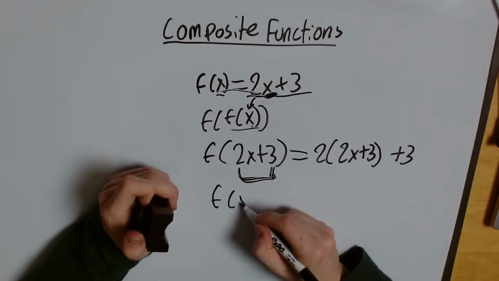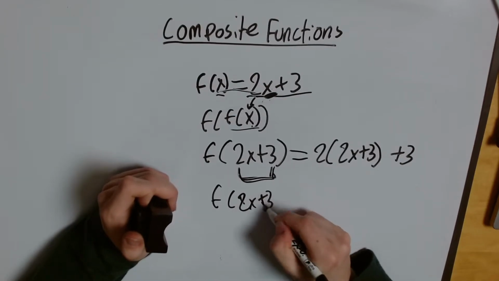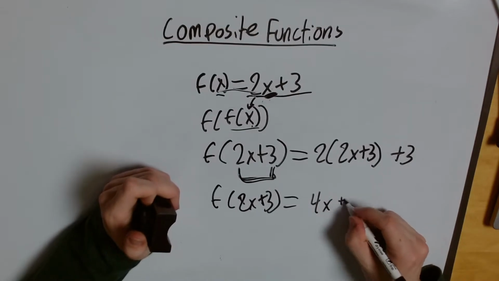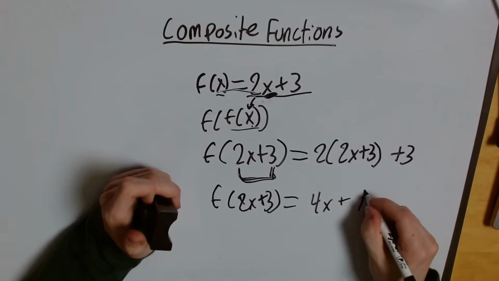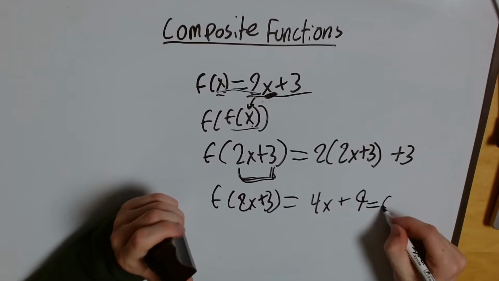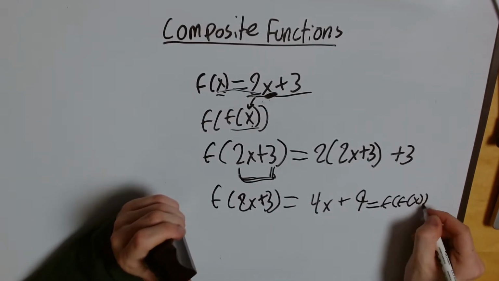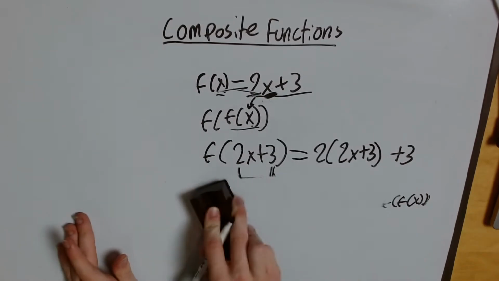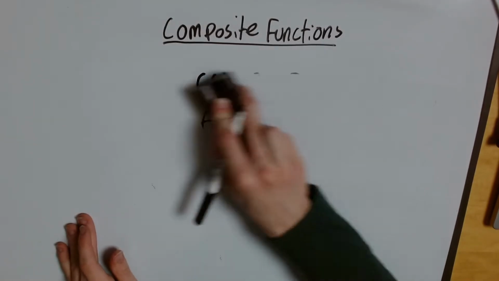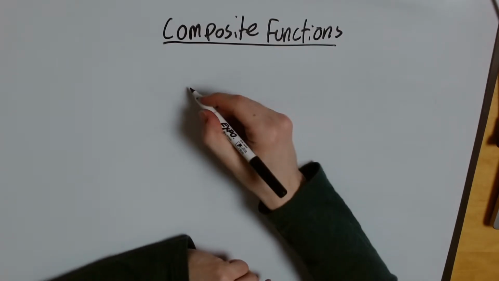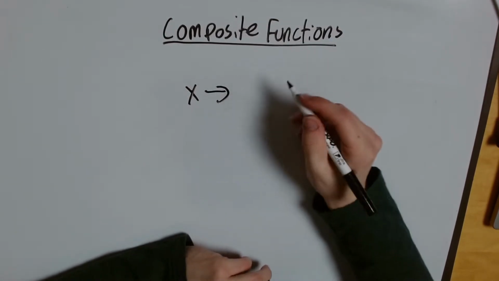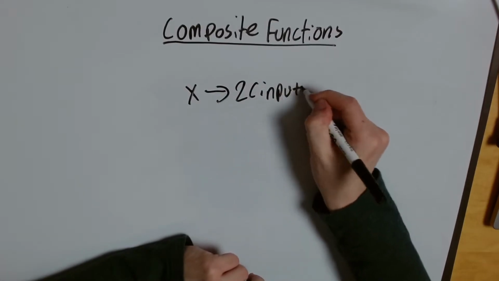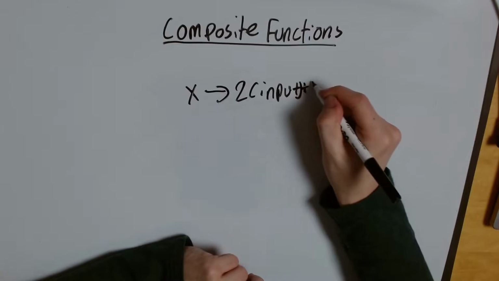When I do that, I get 4x plus 9, and that is equal to f of f of x. If we look at what we did throughout that whole process, we had an x, which we fed in as the input to 2 times the input plus 3.